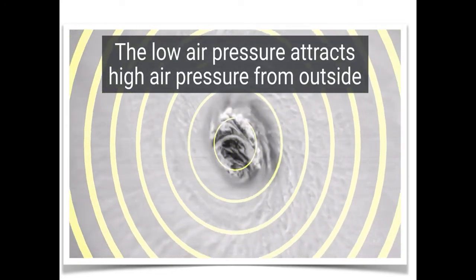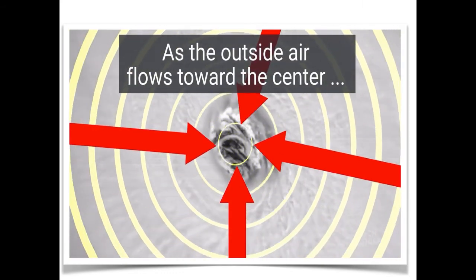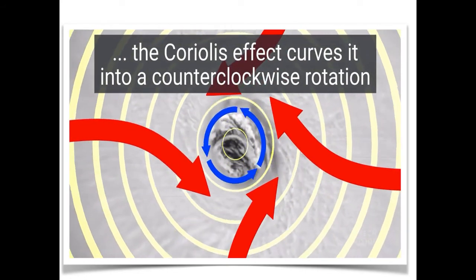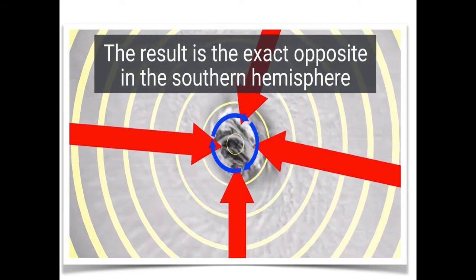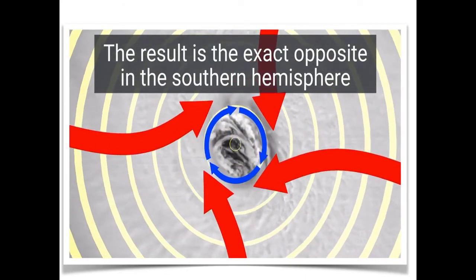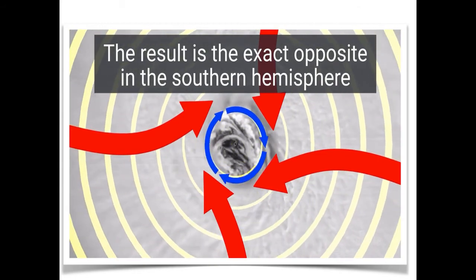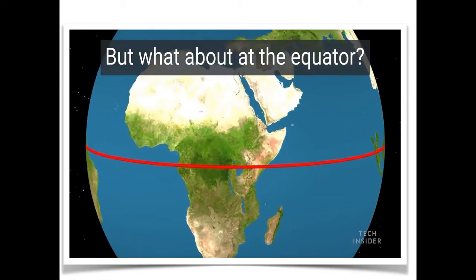Then it attracts the air from outside, and it circulates counterclockwise in the northern hemisphere because of the Coriolis force. The southern hemisphere is just the reverse, because of the Coriolis force we already discussed. And at the equator, what will happen?